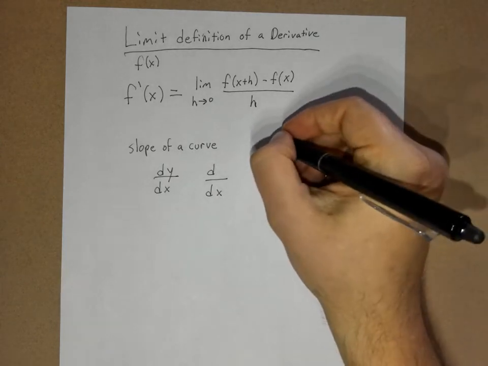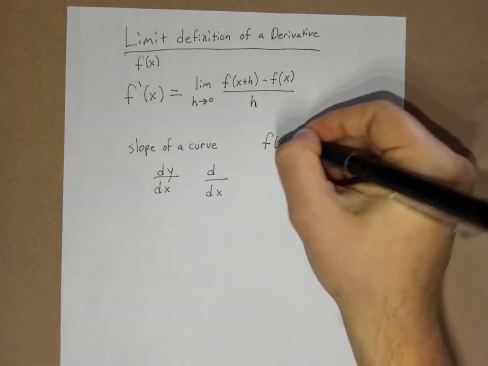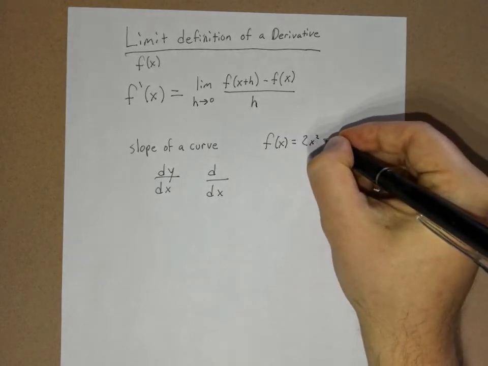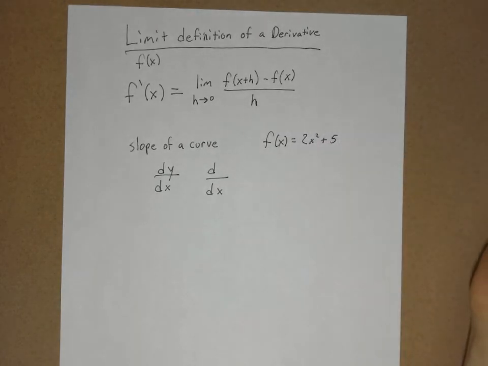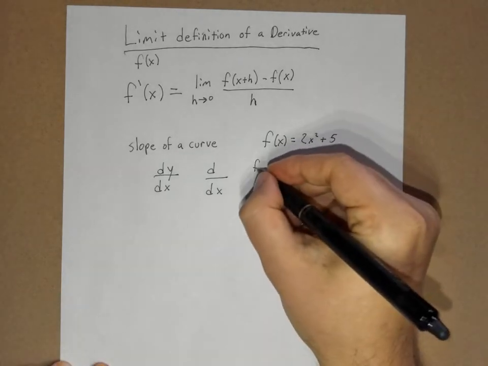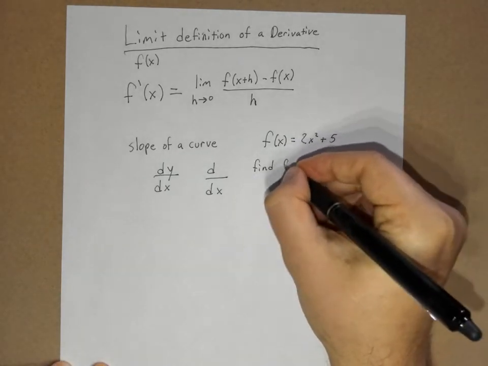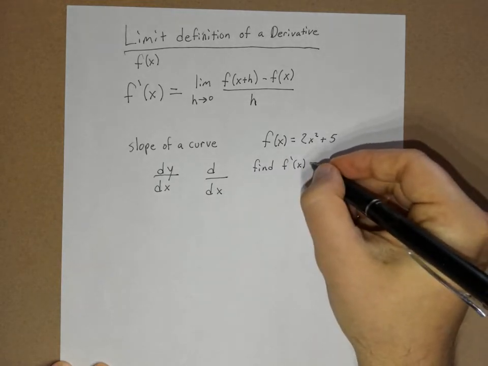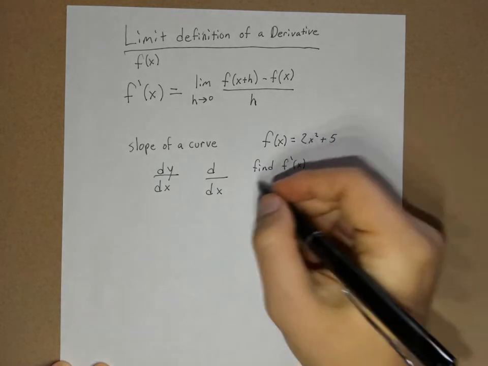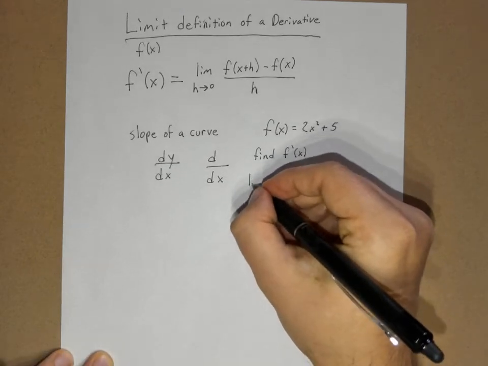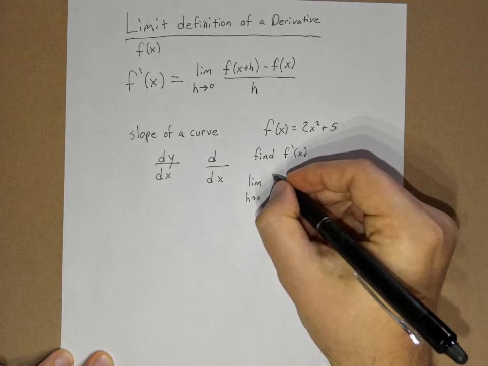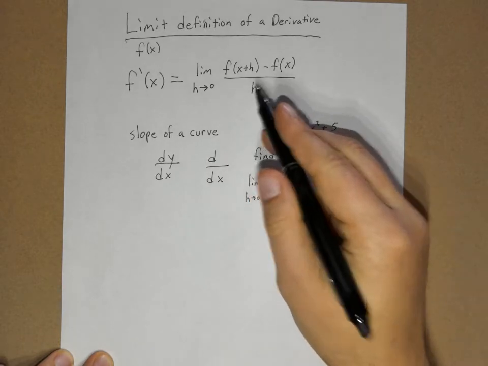Let's say that our f of x is equal to 2x squared plus 5, and let's say I want to find f prime of x, or find the derivative. So I'm going to write out the limit as h approaches 0 of my f of x plus h.